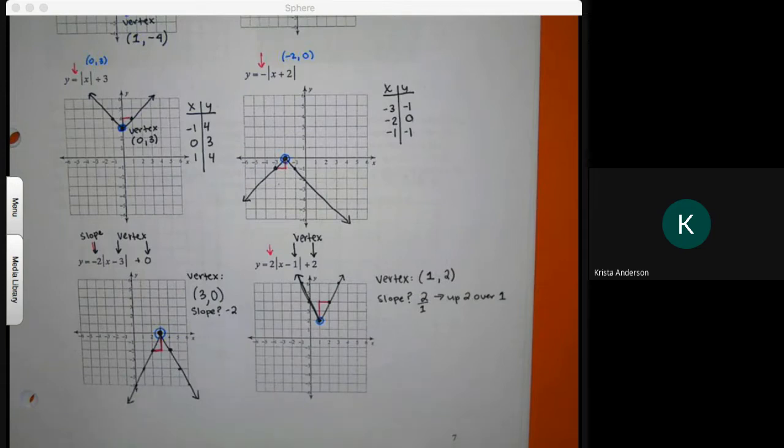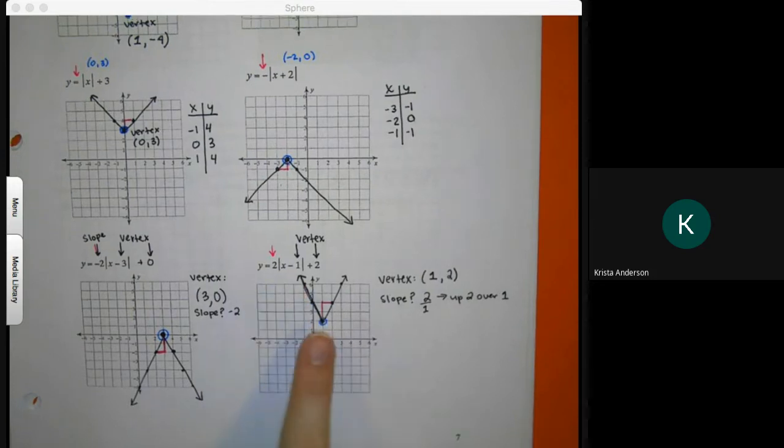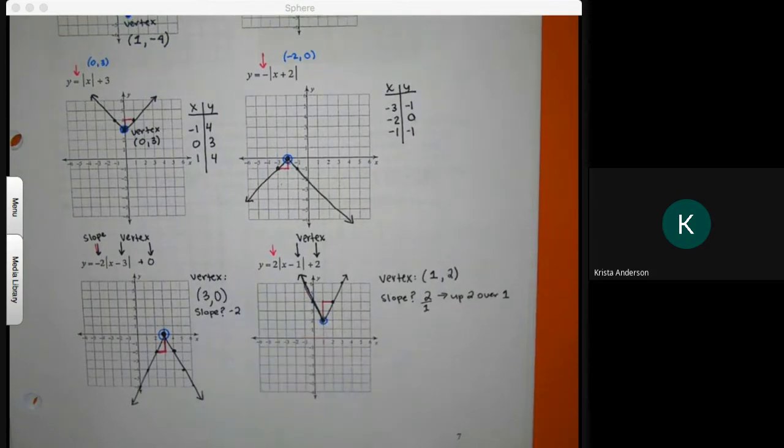Does anybody think they have a way to remember that the absolute values make a V? Do you want me to show you my little trick? Absolute values are straight lines, right? They look like this when you see them.